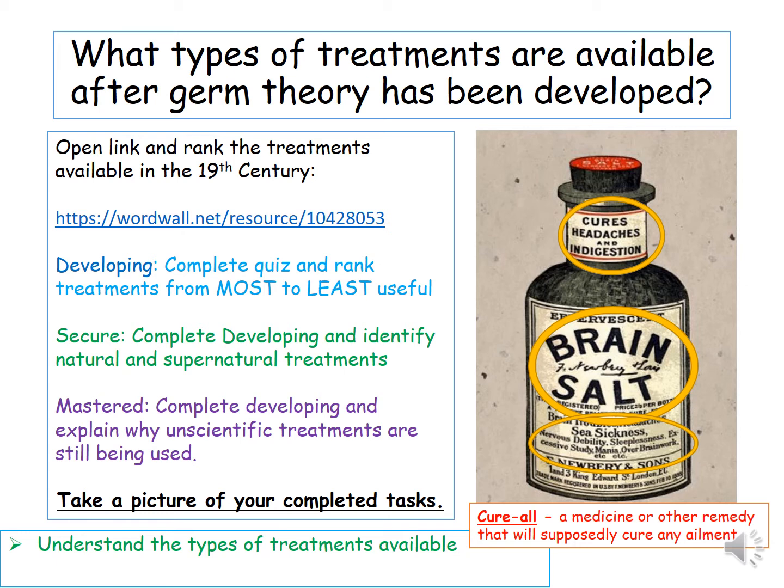Mania, so a mental health condition, apparently is meant to help with that. And also over brain work. Now, I would say that's probably anxiety or worry, and again, apparently brain salt will sort out all sorts of psychological and physiological issues that your body might have. Would you want to use this type of treatment today?